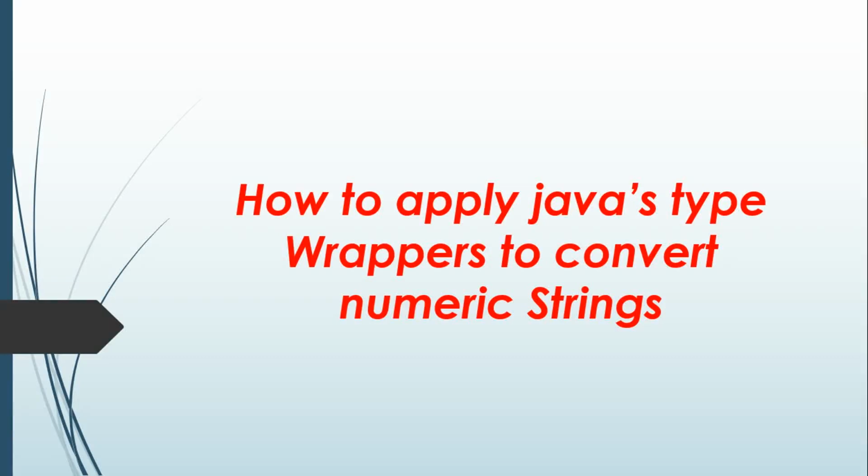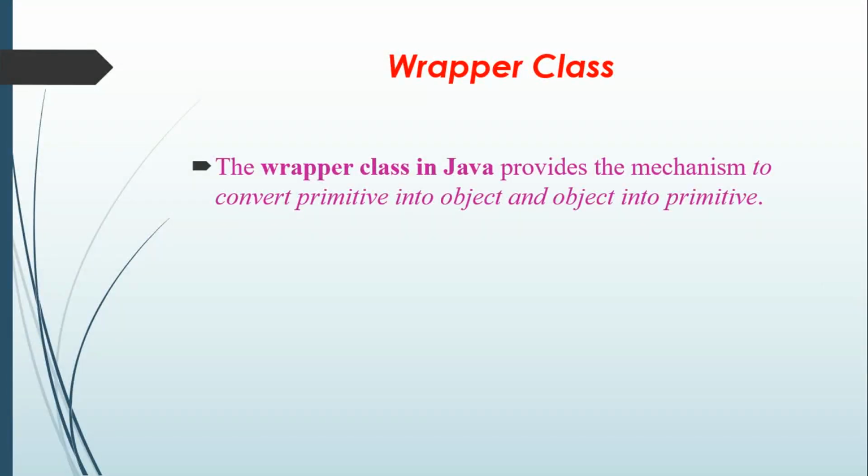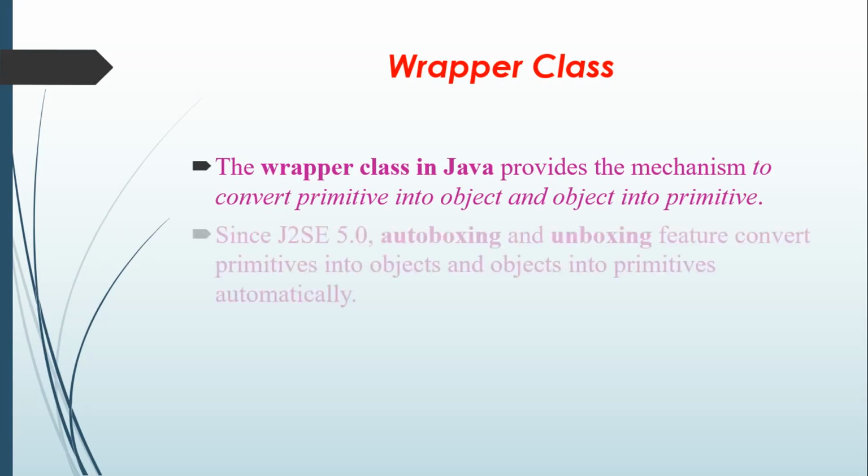About how to apply Java type wrappers to convert the numeric to strings. So what is a wrapper class? The wrapper class in Java provides the mechanism to convert the primitive into object type and object type into the primitive type.